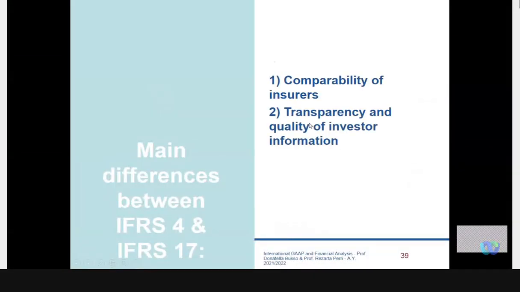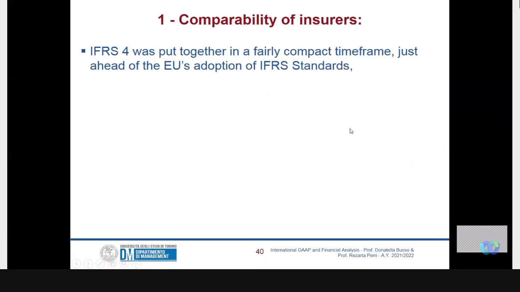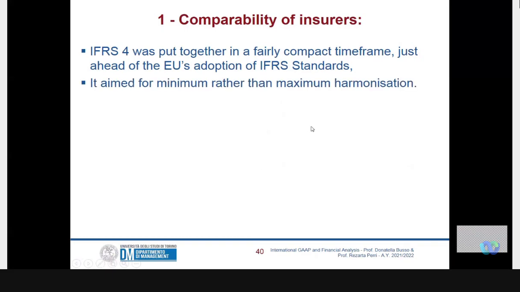Main differences: comparability of insurers, transparency and quality of investor information, confidence and cost of capital. The first one, comparability of insurers. IFRS 4 was put together in a fairly compact time frame, just ahead of the EU adoption of IFRS standards.